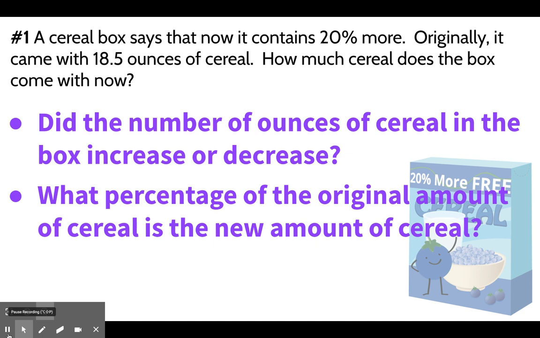Another way I could have found that was either doing 20% times 18.5 and adding that number to my original ounces, or I could have done 120% times 18.5, and that would have taken me right to my final answer. 120% is 1.2 as a decimal, and I could have multiplied that by 18.5, and that also would have given me my answer of 22.2.